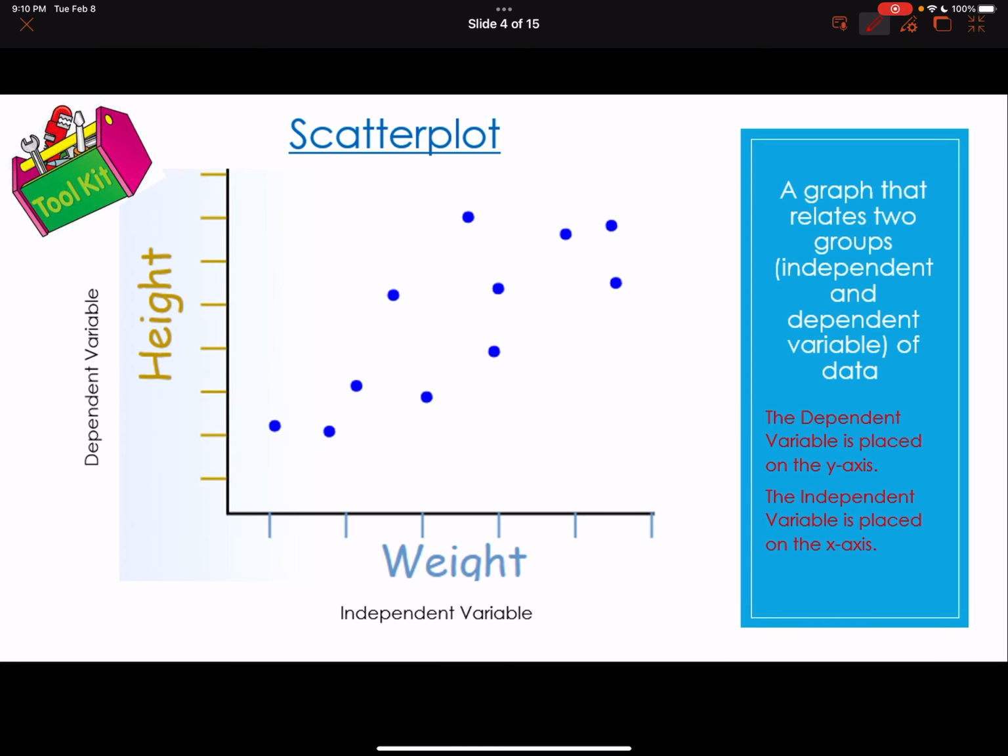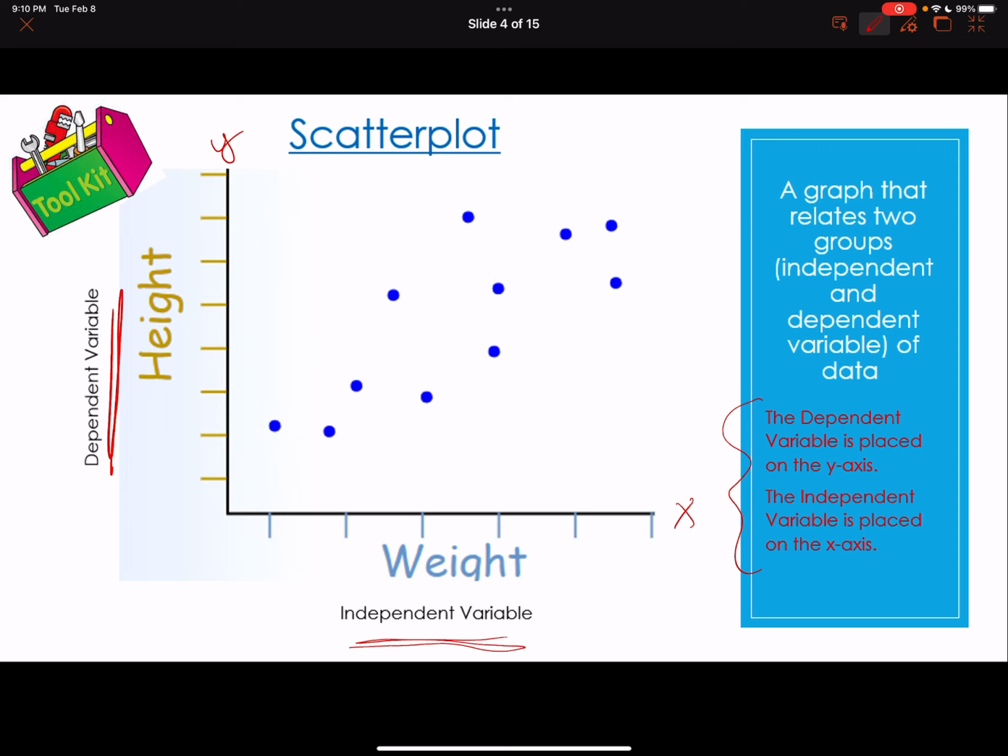So now let's talk about what a scatterplot is. Hopefully this will be a little bit of review for you. A scatterplot is a graph that relates two groups of data. The two groups of data come from your independent and your dependent variable. And like we just reviewed, the dependent variable goes on the y-axis, that's over here, and the independent variable goes on the x-axis down here, right? Because we have x and y.